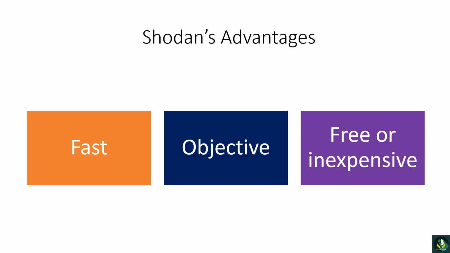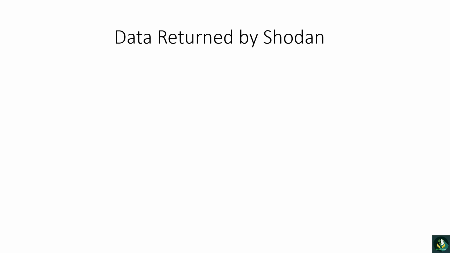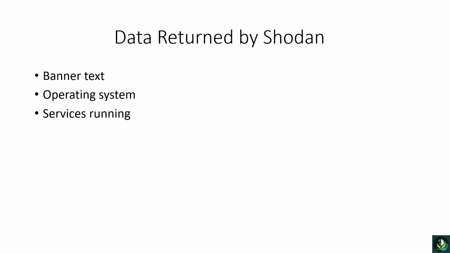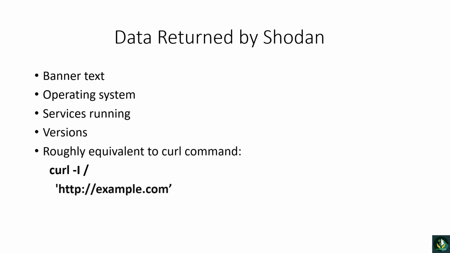For the enterprise account, it starts at $19 per month. So what data is returned by Shodan? First the banner text, then the operating system, the services running on the system, and the version, roughly equivalent to a curl command, which looks like this.